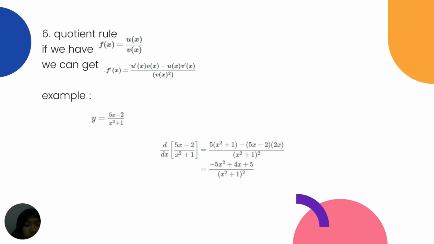For example, in here y is 5x minus 2 divided by x squared plus 1.